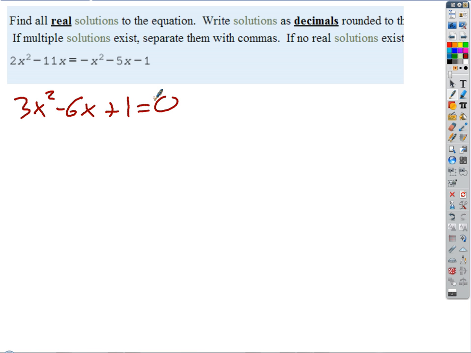How can I check all of my answers on this? Anytime you ever have a question that says solve, how do you always check? Plug it in, right? So when I get decimal answers for this, all I have to do is take those decimals, and to make it easier, maybe put them in parentheses, and put those decimals in for x in this original equation, or even in this equation, and just see if it works. Okay, they should work.